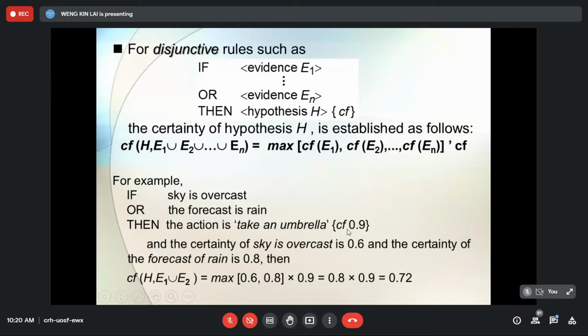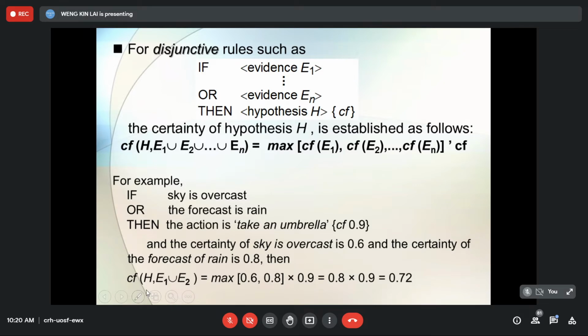I'll give you the certainty factor value of 0.9. The certainty of your sky overcast is given as 0.6, and the certainty of the forecast of rain is 0.8.